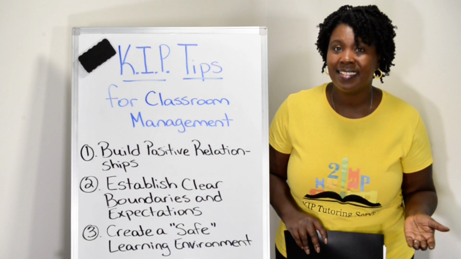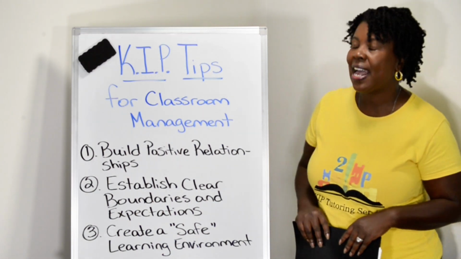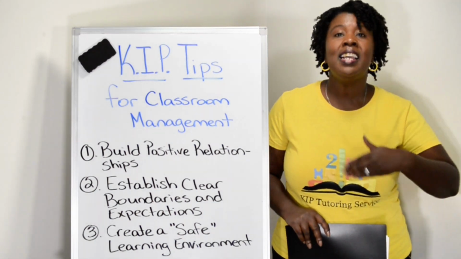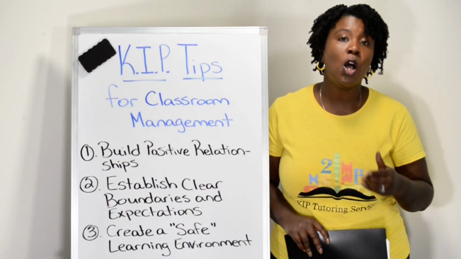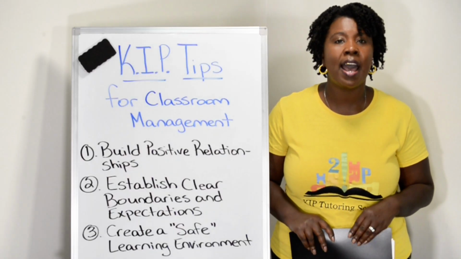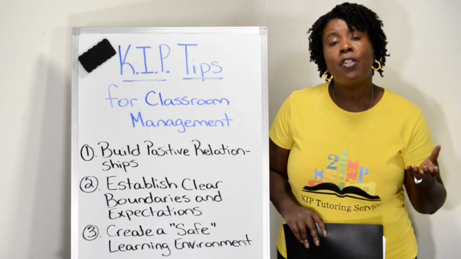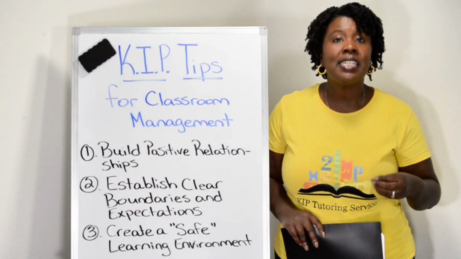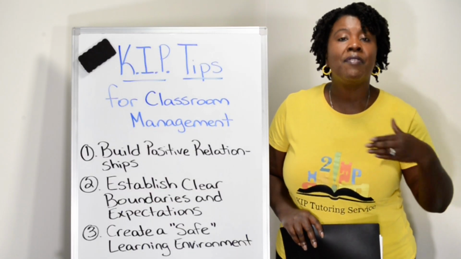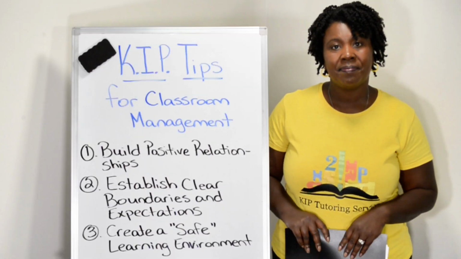And so that's it. These are your KIP tips for classroom management. Again, these are just starting points to help you to determine whether or not what you currently have in place is effective, whether or not it's benefiting you and your students.